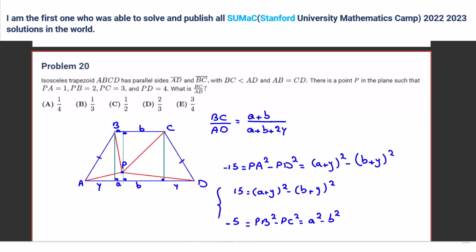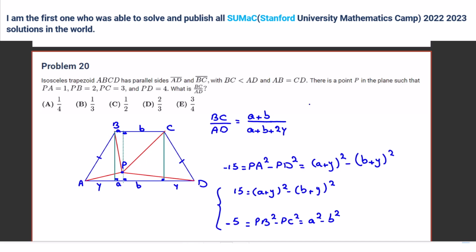So we have these two equations. By using only these two equations, the rest is only algebra. By using these two equations, we can calculate this. Try. Okay, 15 is equal to that. Negative 5 is equal to that. Could you calculate? Yeah, I got 1 over 3.